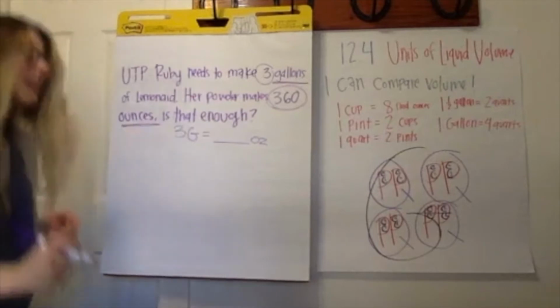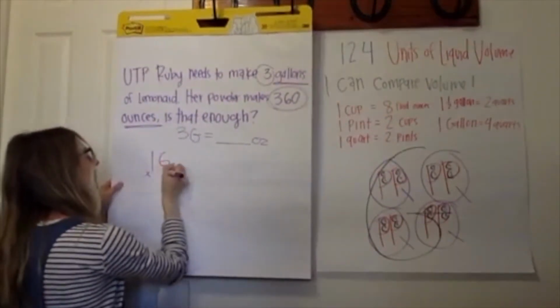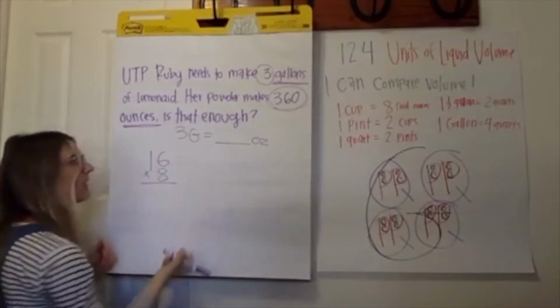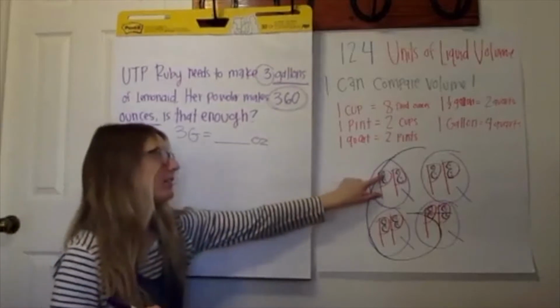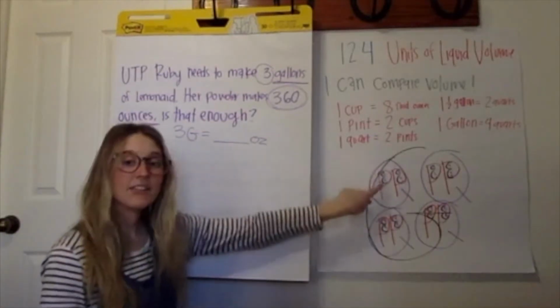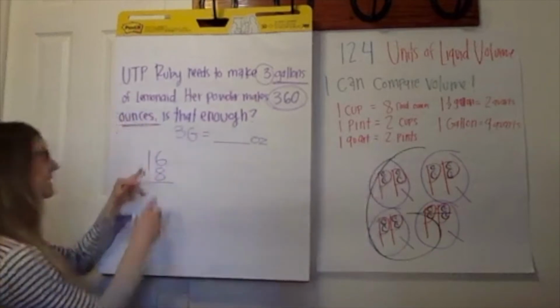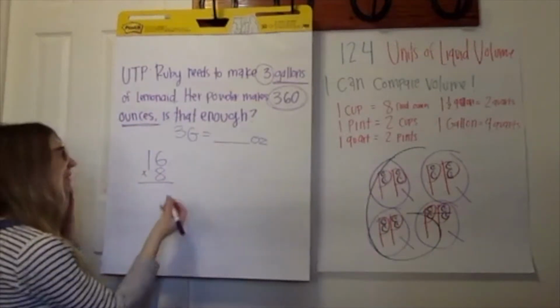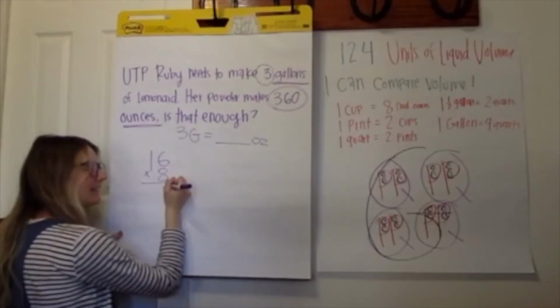So let's do that. Let's do 16 times 8. We have 16, and we're going to multiply it by 8. We did that because there's 16 of the 8 fluid ounces in 1 gallon. So let's figure this out. 6 times 8 is 48.